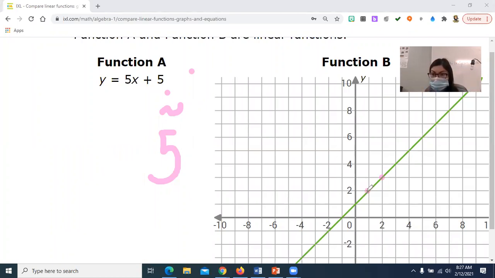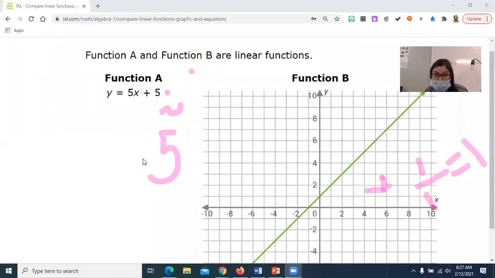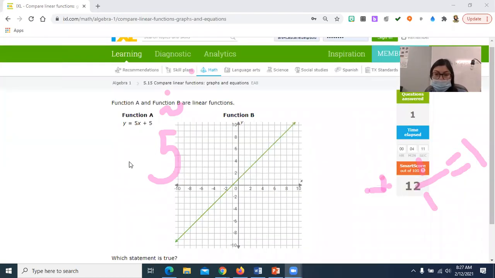The graph is the green part. So how many does it rise? It rises 1 over 1. 1 divided by 1, I can do it in my head. That equals 1. So here on A, the slope is 5. For B, the slope is 1.